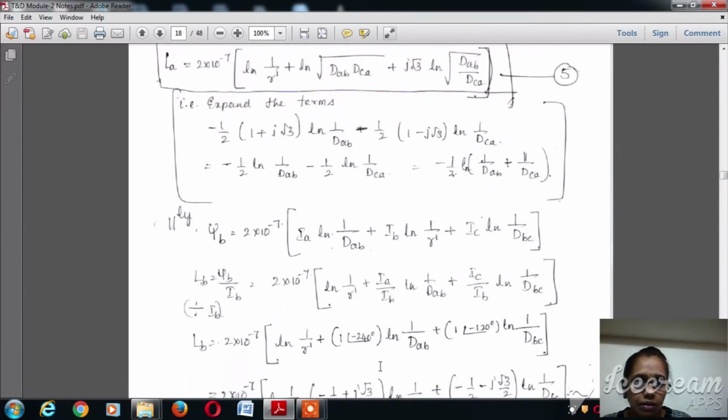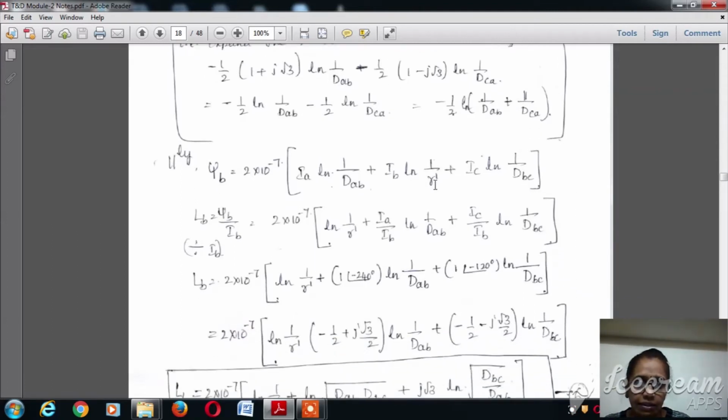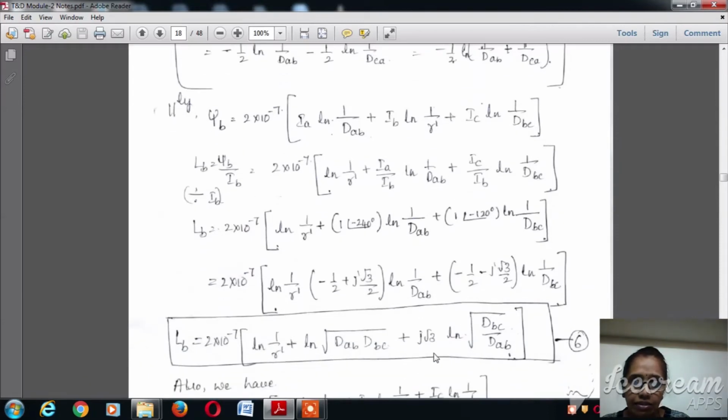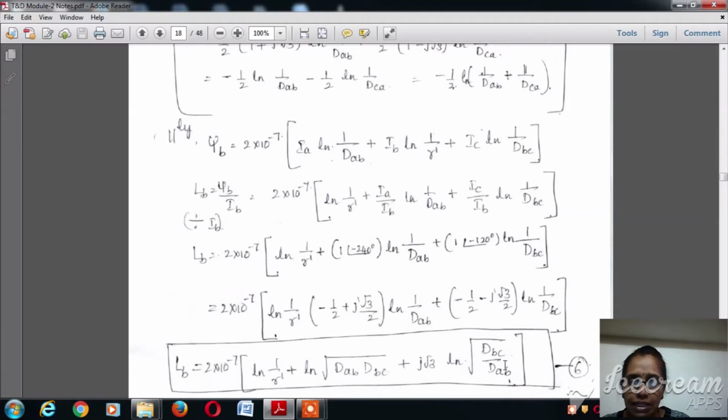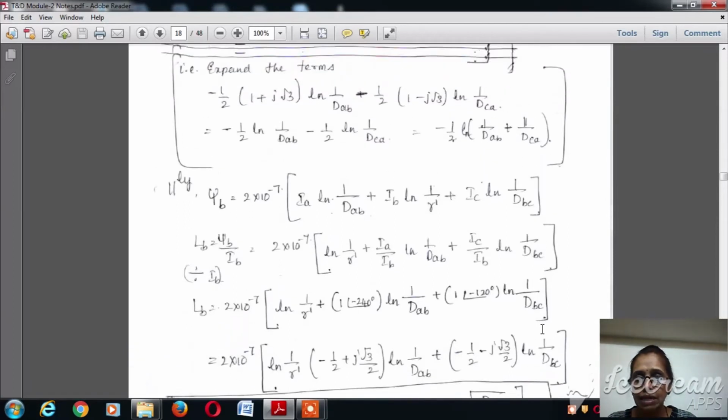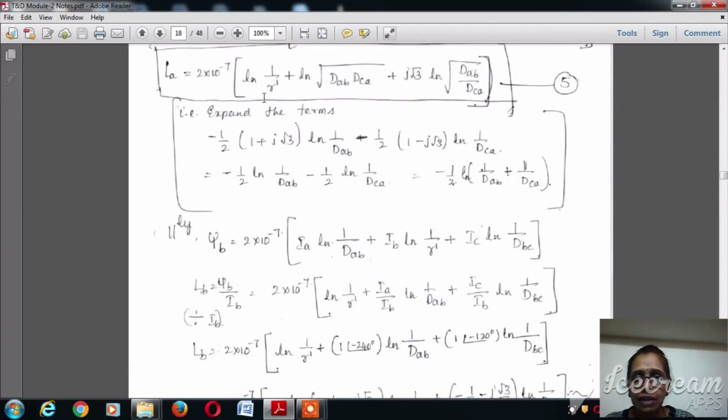So DAB is common, and DCA is the other conductor where it is getting connected. Here it is DBC, plus j root 3 into ln square root of DBC divided by DAB, because you are considering the conductor B, so it is DBC divided by DAB, whereas in the expression for LA it is DAB divided by DCA.